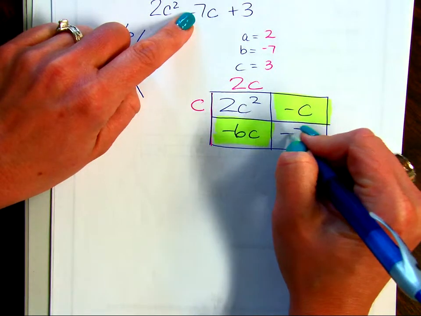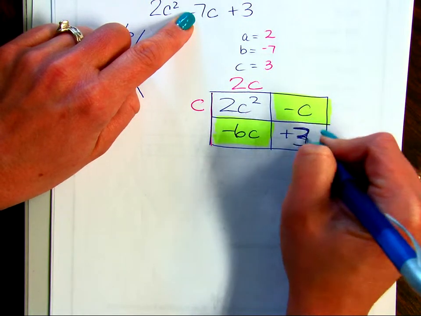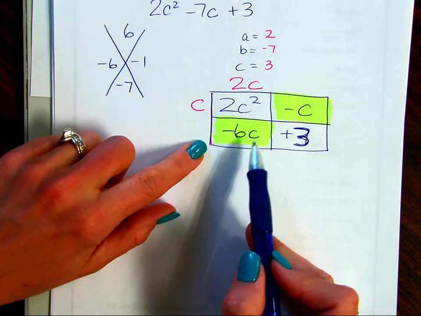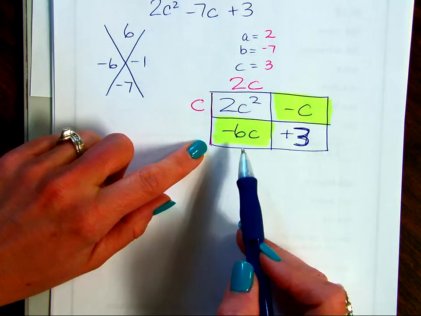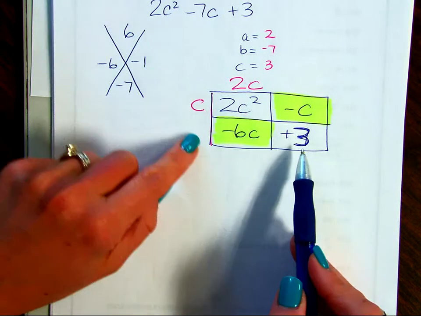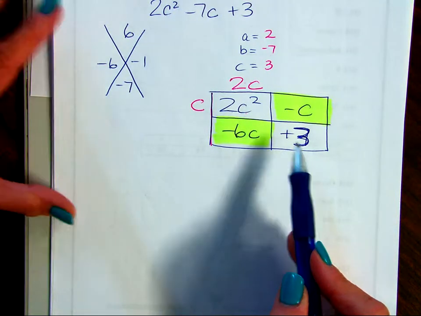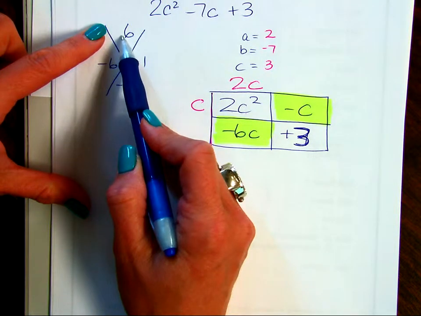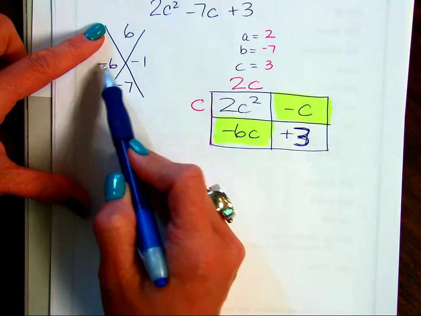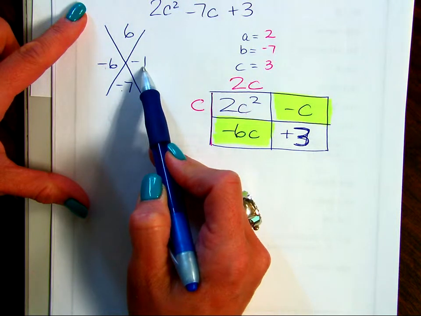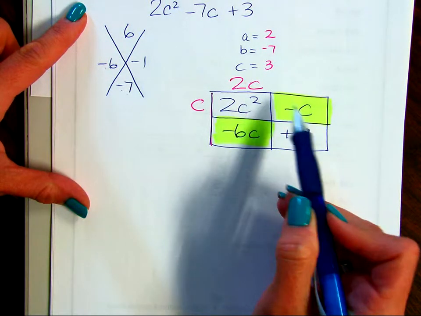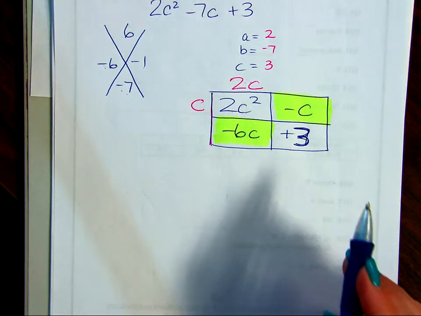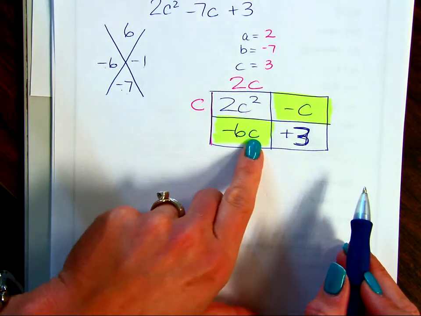That could mess it up, huh? All right, so that is a plus 3, which totally changes that. Because now, what happens here? 2c squared plus 3. What am I messing up here? 6, negative 7, negative 6. What is that? Negative 1c, negative 6.